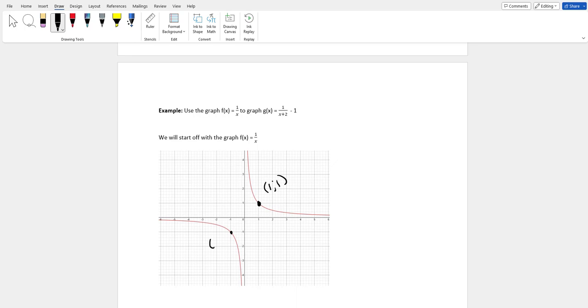These are points on the graph. We're going to use the number down here and the number here to do our shifts. Down here tells us whether we should shift left or right, and here tells us whether we shift up or down.